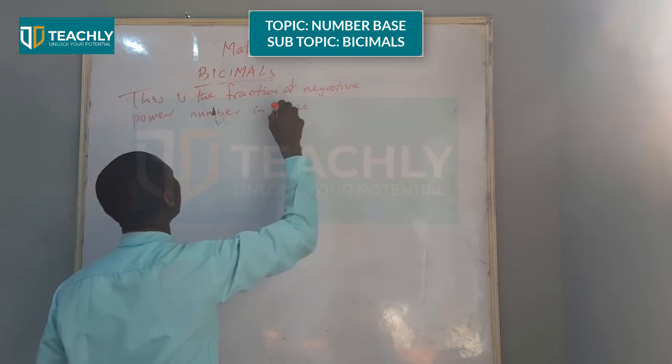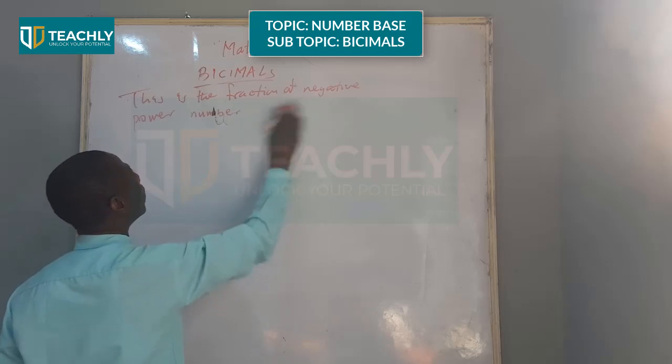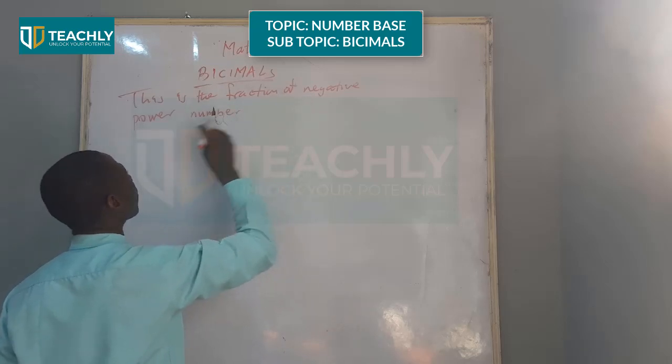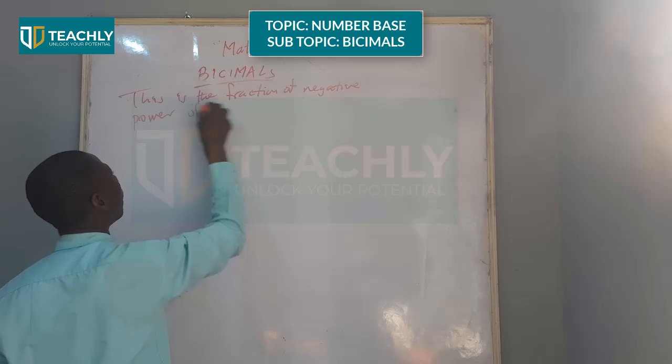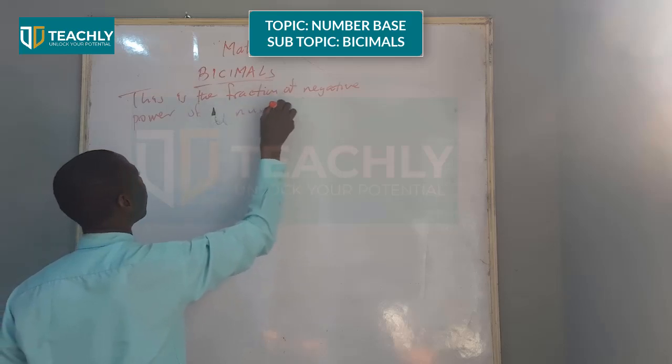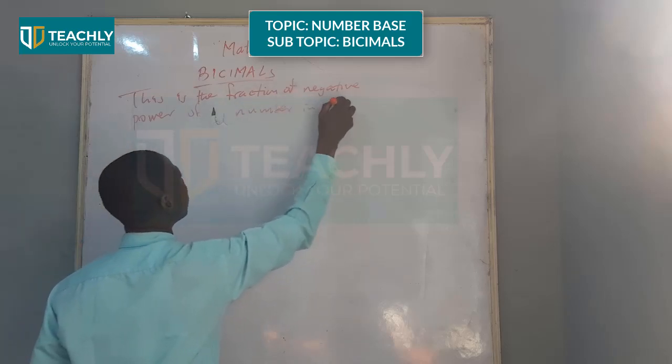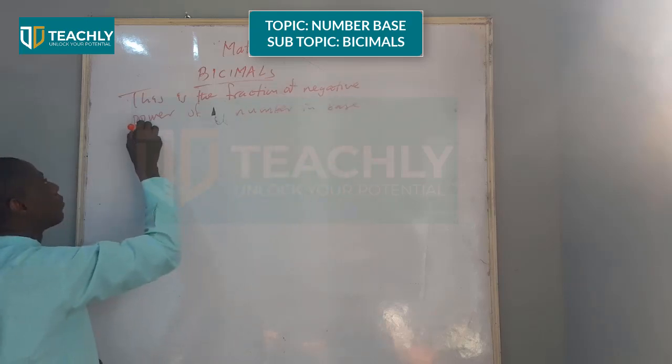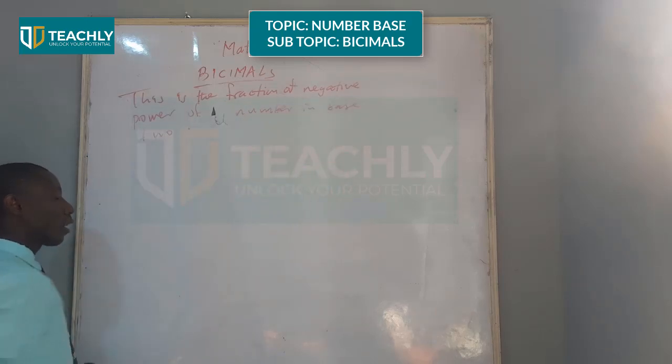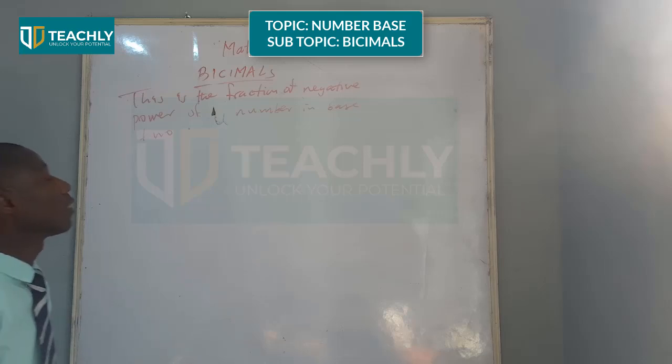So if you have a negative fraction of a number in base 2, it is referred to as Bizima.